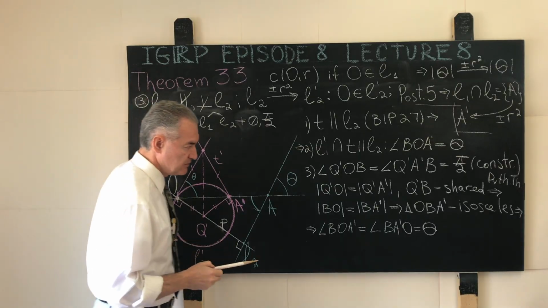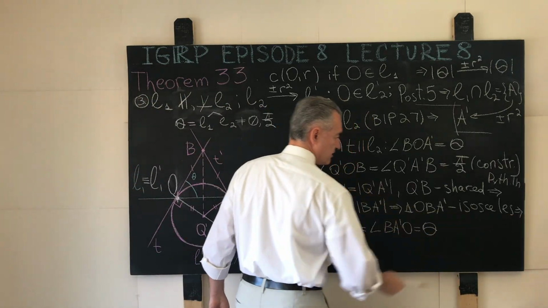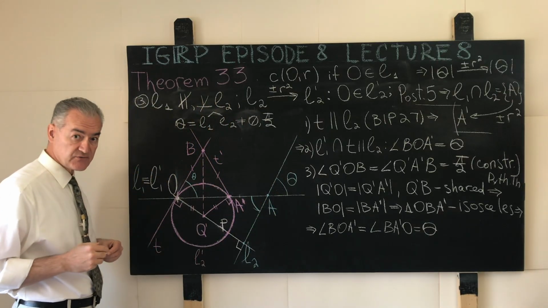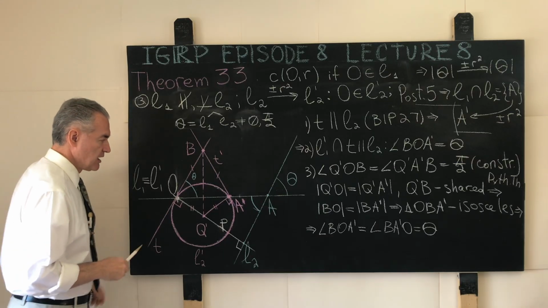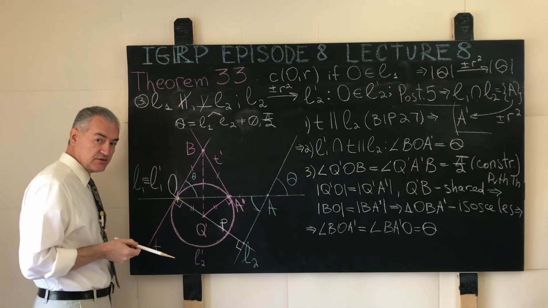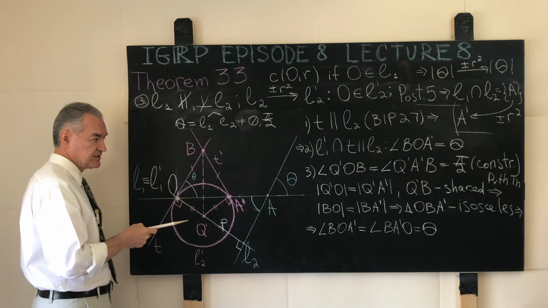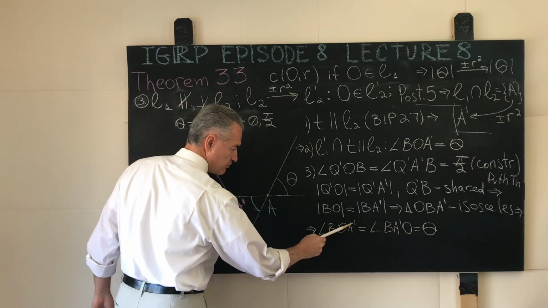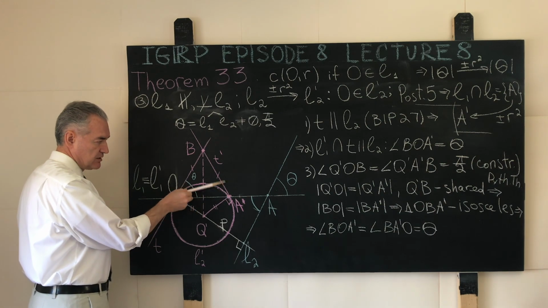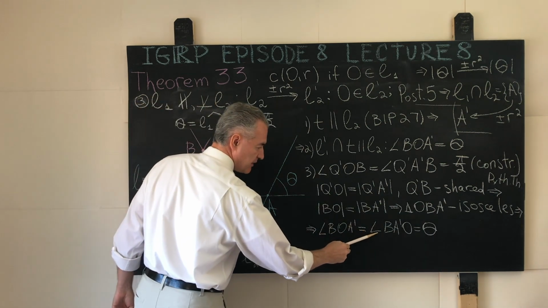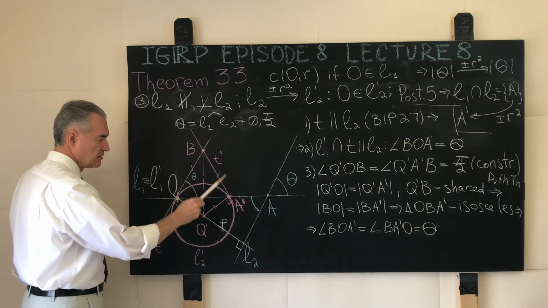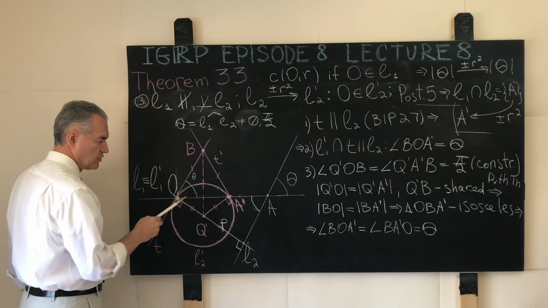And then if that triangle is isosceles, then by the famous Euclid's Elements, Book 1, Proposition 5, Pons Theorem, the magnitude of the interior angles at the base of every non-degenerate isosceles triangle is one and the same. That means that the magnitude of the angle BOA prime must be exactly the same as the magnitude of the angle BA prime O.